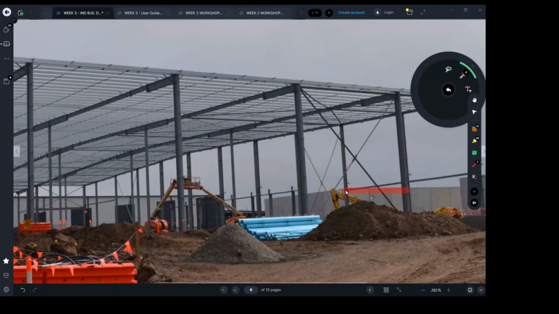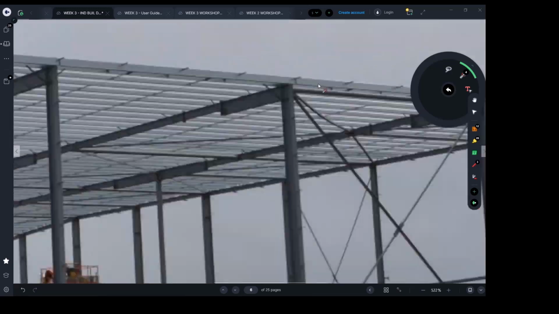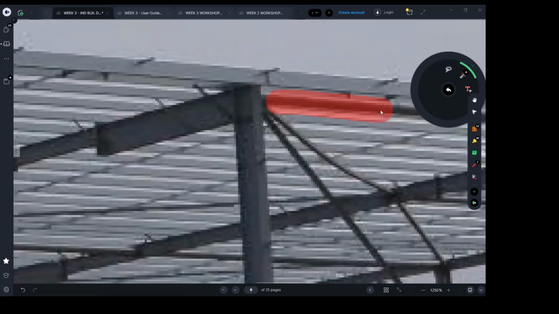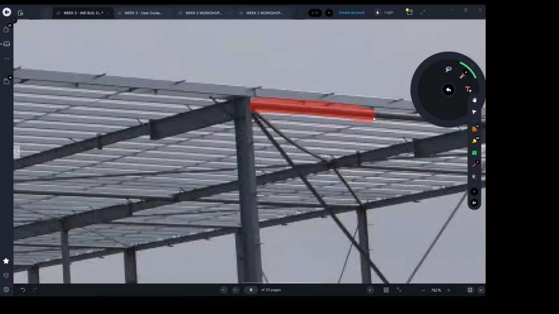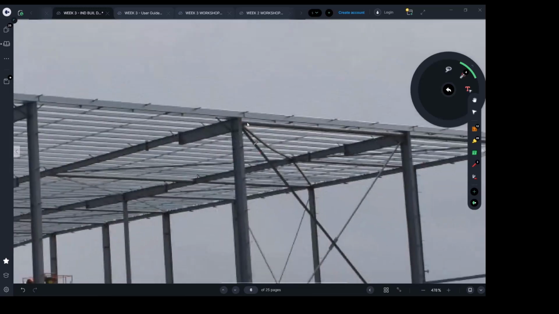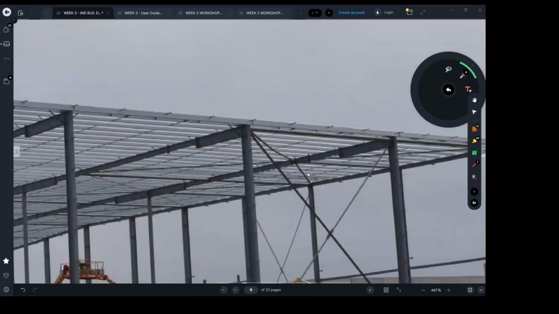These are about 8 or 10 meters from this point to this point, so it's a lot. This is the wall bracing, the roof bracing. You can see they already placed them. And behind there, see this dark gray? This is the eave strut, which will carry the girts.